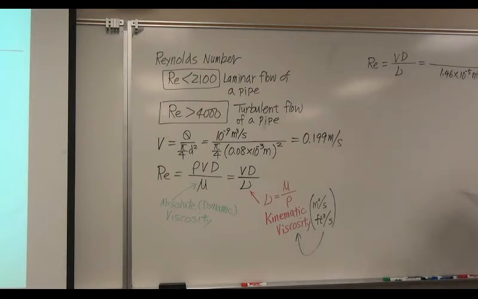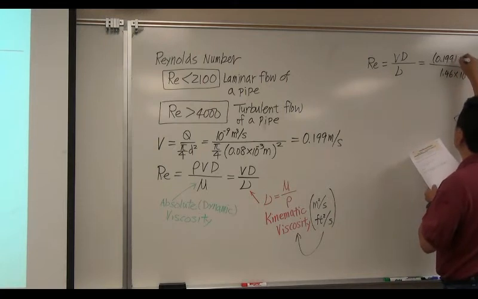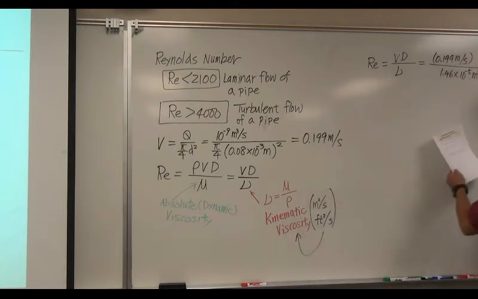Make sure you look up your own property table, which is handout, to check to see if you can get this right. Kinematic viscosity of air. Velocity is 0.199 meter per second. Diameter 0.08 times 10 to minus 3 meters. Make sure your meter and second all consistent units.